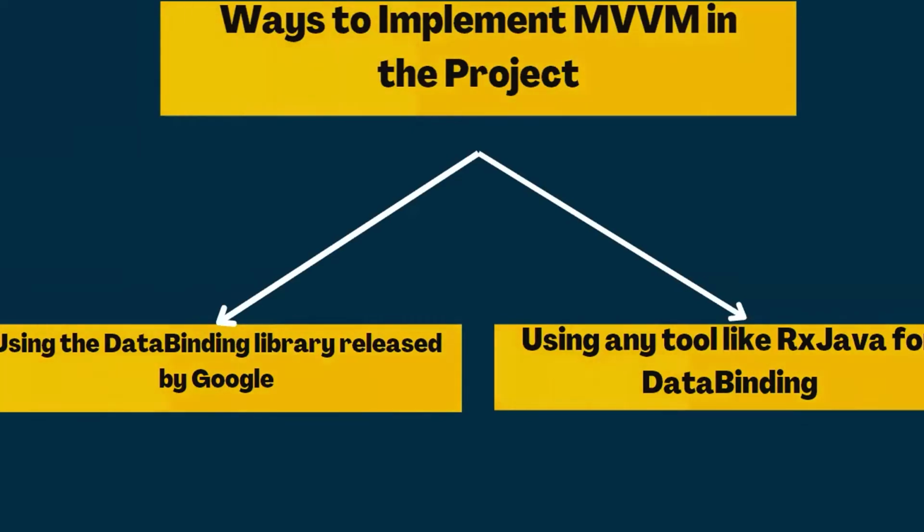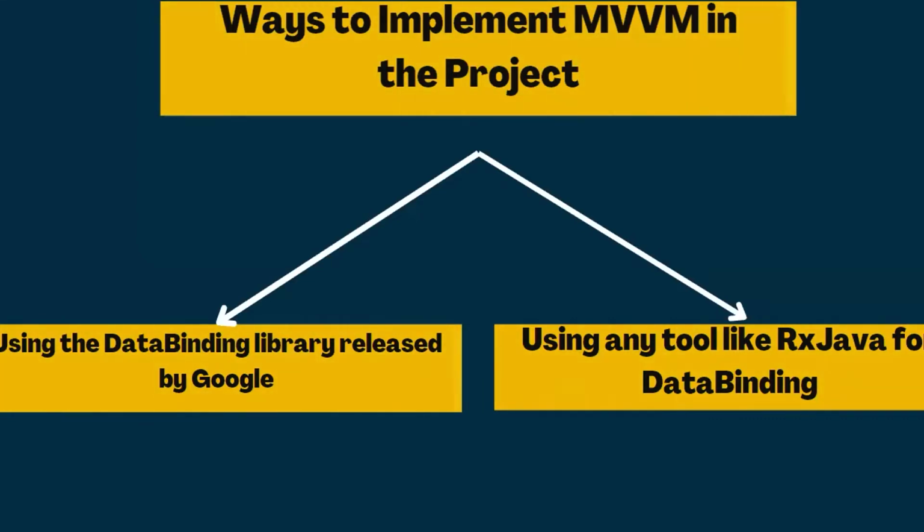And that library has a lot of functionalities which helps us in implementing the MVVM architecture, means all the features of the architecture very easily. We don't have to code the entire thing by ourselves because it already has those functionalities written by someone and just provided to us.